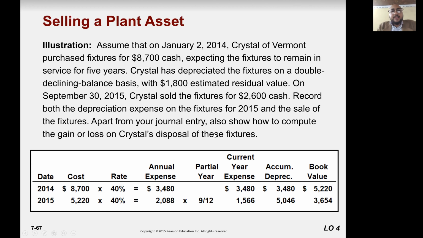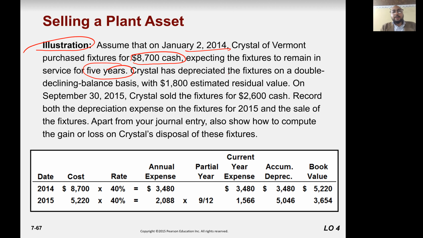So now, selling a plant asset. What if you sell the plant before the salvage value? We have an illustration for better understanding. Assume on January 2, 2014, Crystal of Vermont purchased a fixture for 8,700 cash, expecting the fixture to remain in service for 5 years.